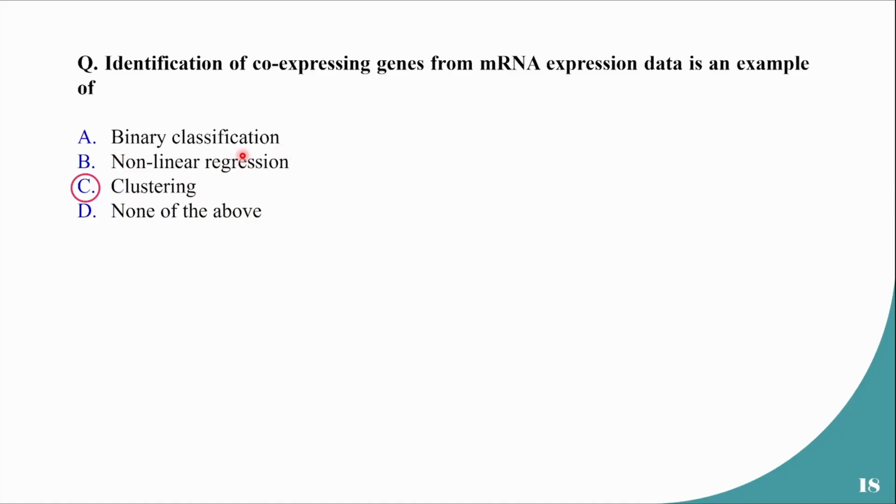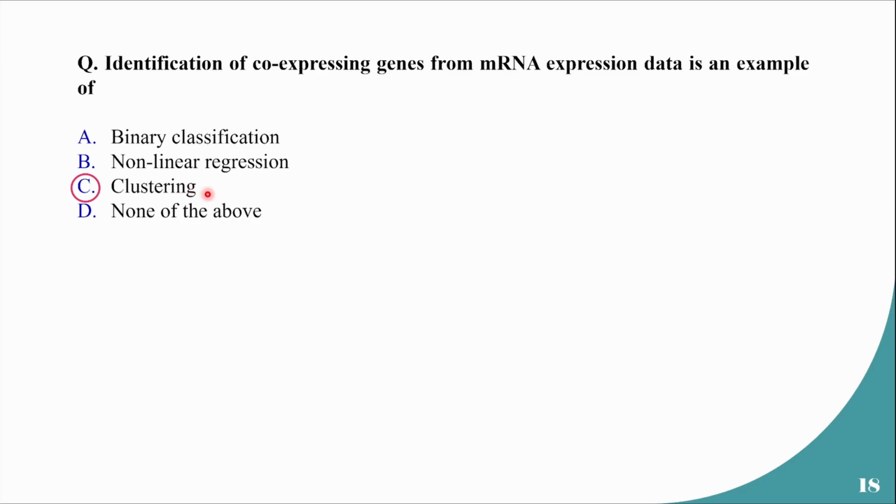Binary classification is classifying into positives and negatives, or 0 versus 1, an algorithm for classifying data into two categories. Non-linear regression is fitting dependent variables to predict an independent variable, but not with a linear function.